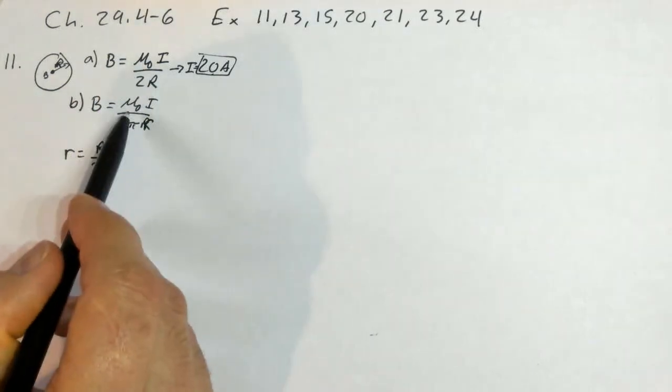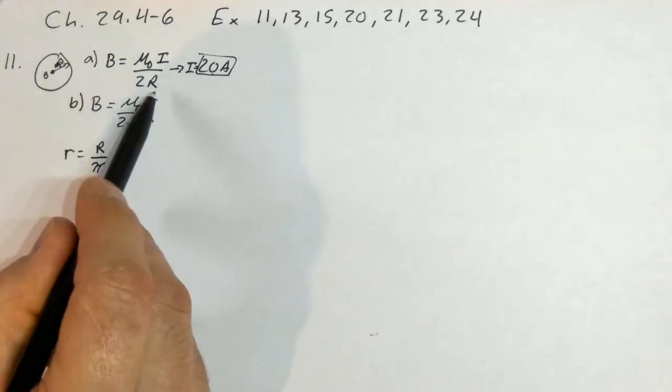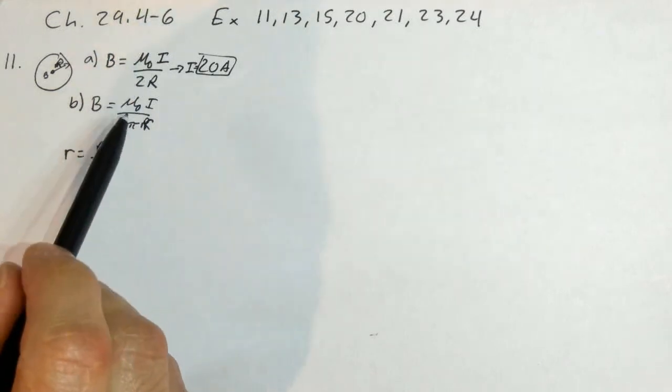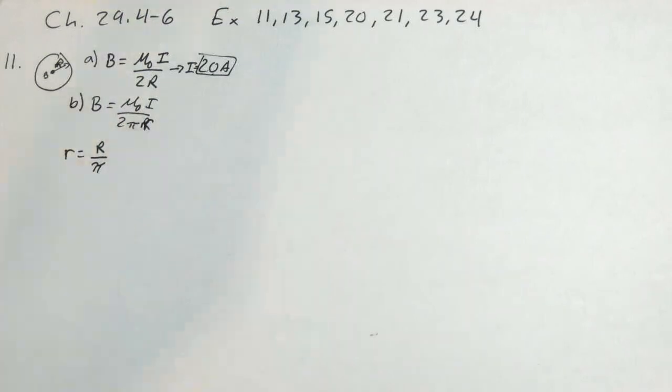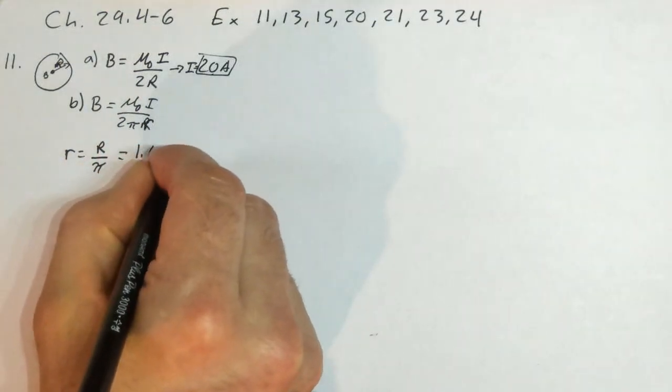The B's cancel, mu naughts cancel, the 2's cancel, the I's cancel, and you're just left with pi over the big R to equal this R. By doing that, you'll end up with 1.6 millimeters.